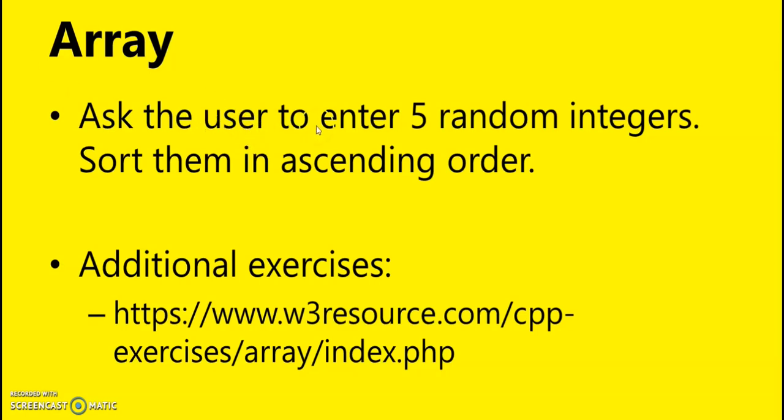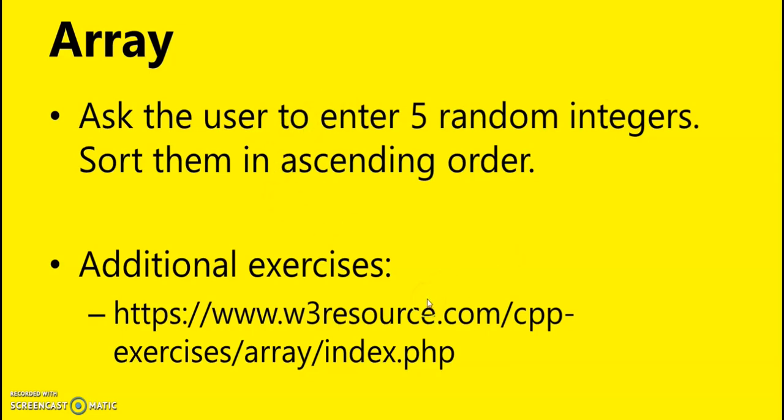You need to ask the user to enter 5 random integers and create a program that can sort the numbers in ascending order. I will not stop you from looking at resources online, but please try to understand how they do it.